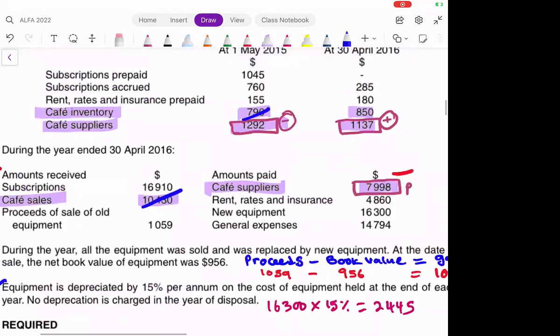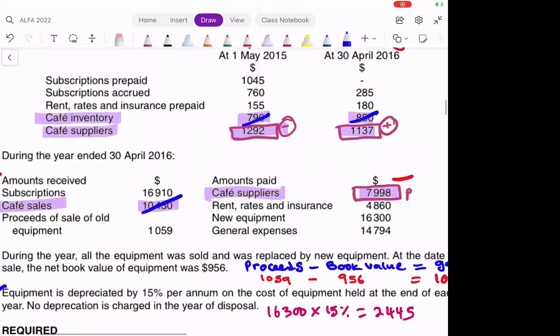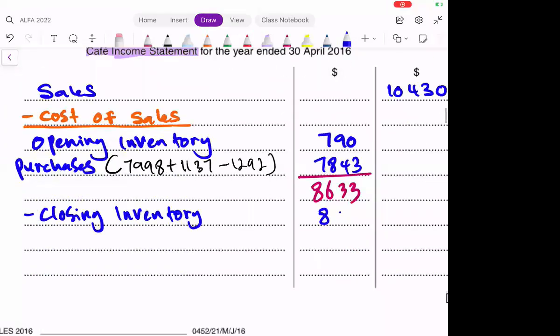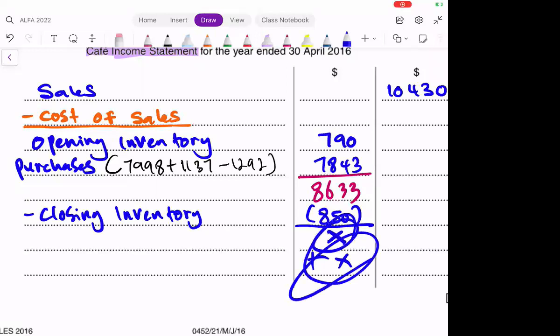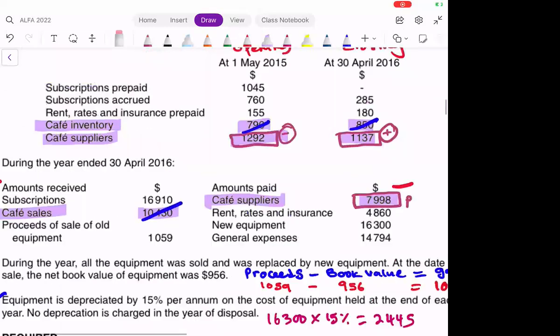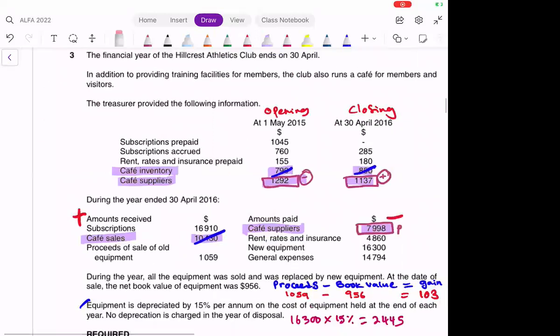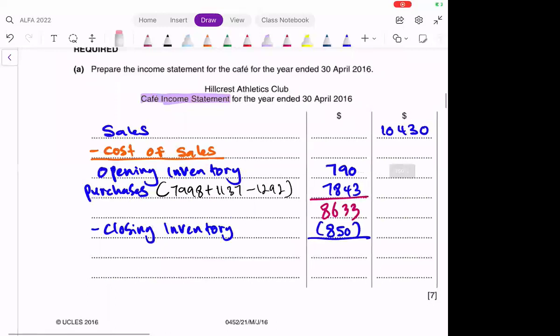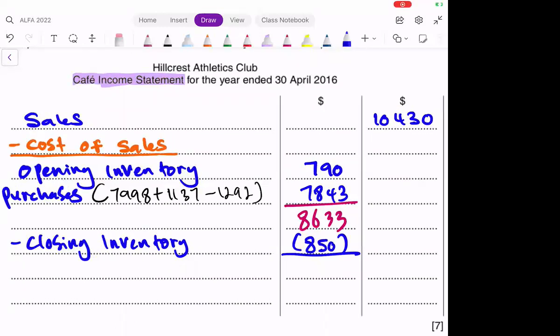How much is the closing inventory? 850. You minus and write the answer here, and then plus the cafe expenses. But when I glanced through the question, I didn't see any cafe expenses. So no cafe expenses means the answer you write straight away here: 7783.